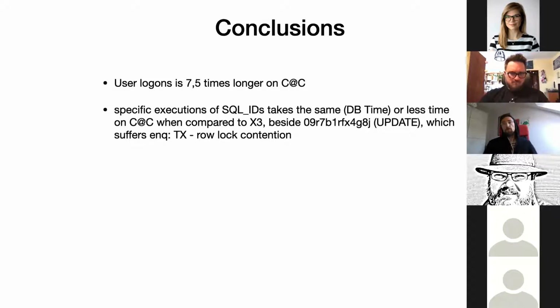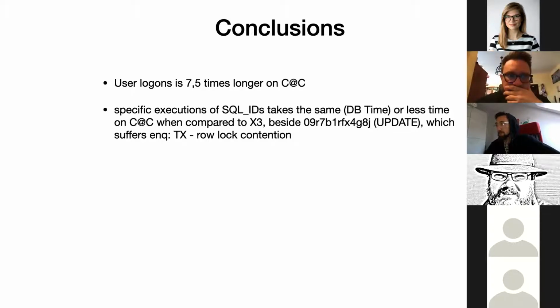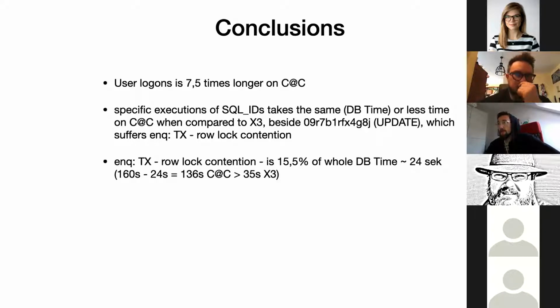Specific execution of SQL IDs, each particular SQL ID, takes the same time when compared to X3. Besides, of course, the SQL statement connected with user logon, that particular update statement, which suffers from row lock contention. When you look at AWR reports, you can see that overall row lock contention on CC side is about 24 seconds of overall DB time.